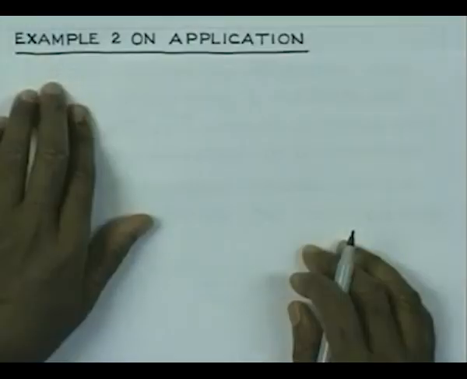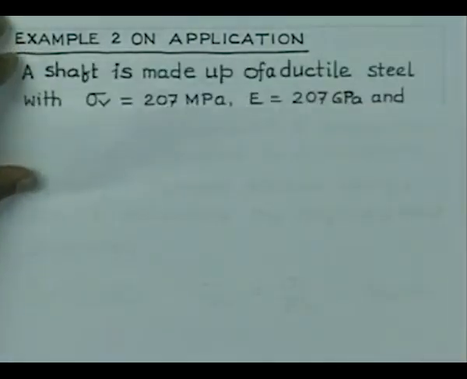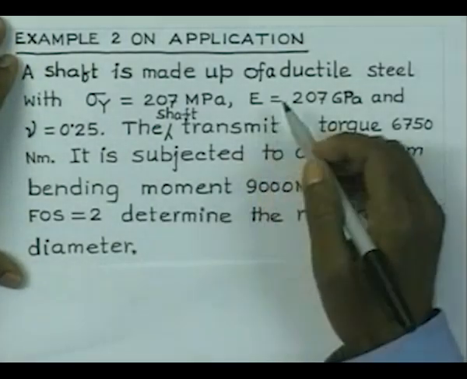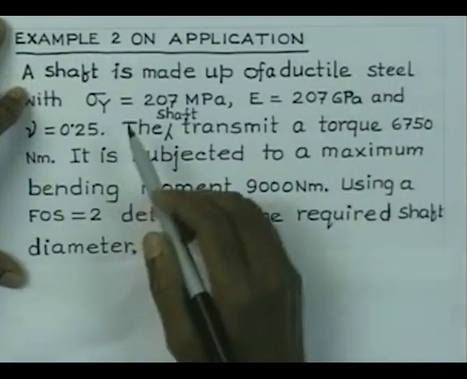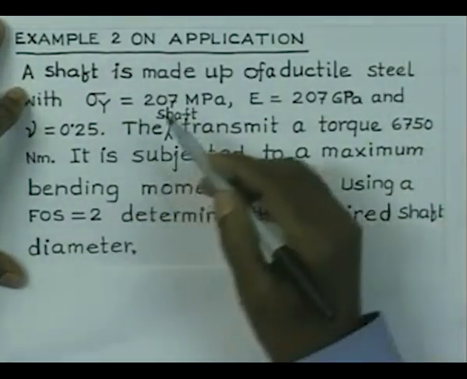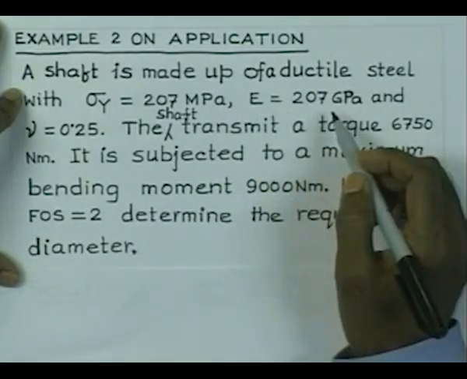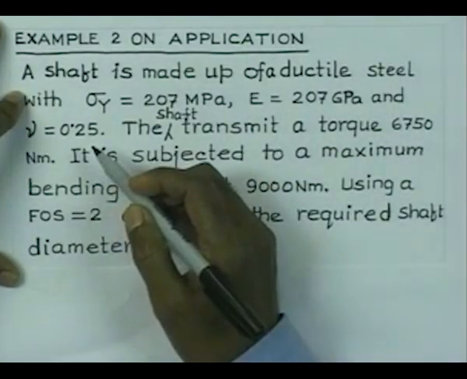Last time we considered applications of the criteria of failure. Let us consider a second example on the application. It is given that a shaft is made up of a ductile material with sigma y 207 MPa, modulus of elasticity 207 GPa and Poisson's ratio 0.25.